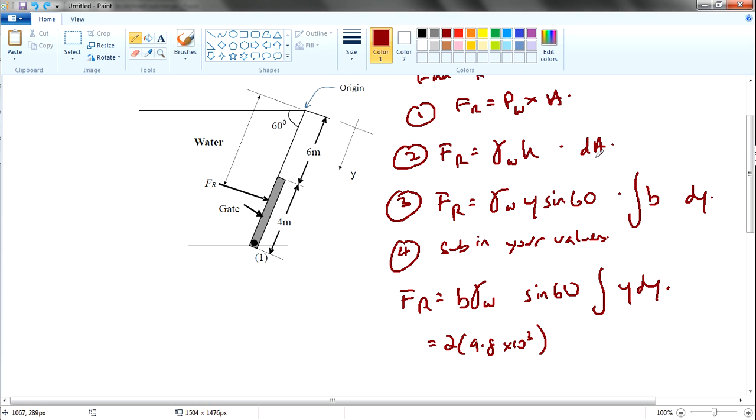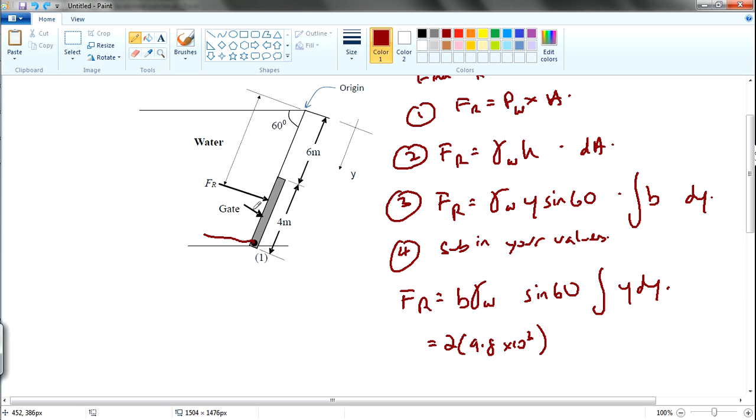And then dA can expand to b dy, because b is the breadth times the dimension dy. If it's 3D, b times y equals the area, so it makes sense.